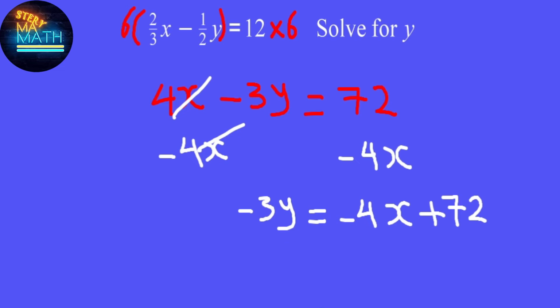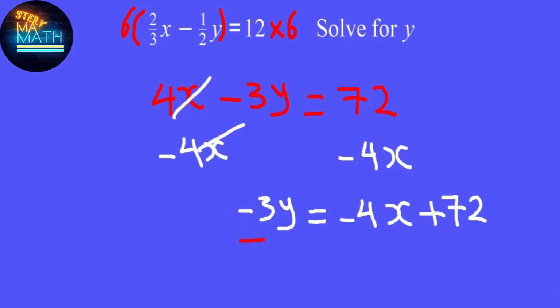And here, negative 3y, the coefficient is negative 3. So the operation between negative 3 and y is multiplication. And what is the opposite of multiplication? Of course, division. So I will divide both sides by negative 3.